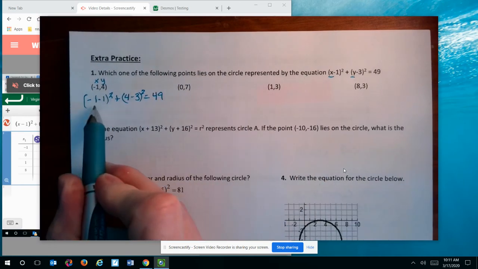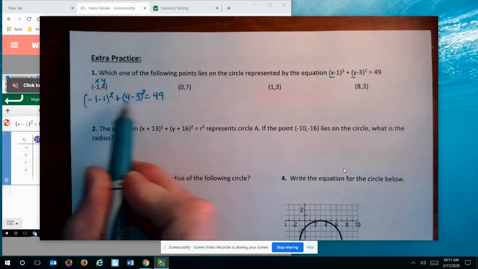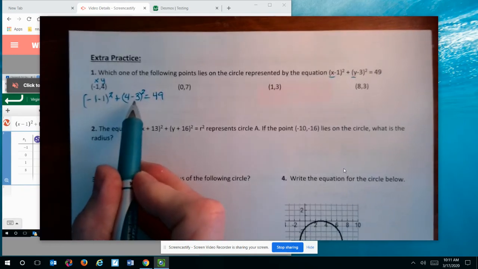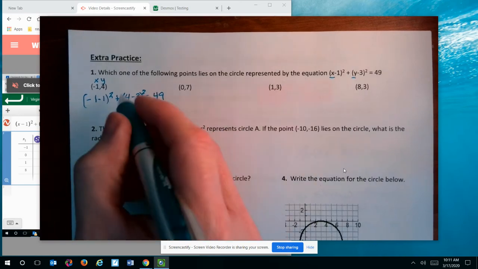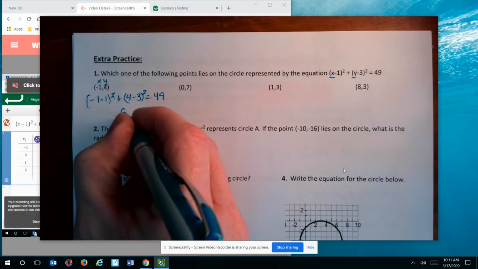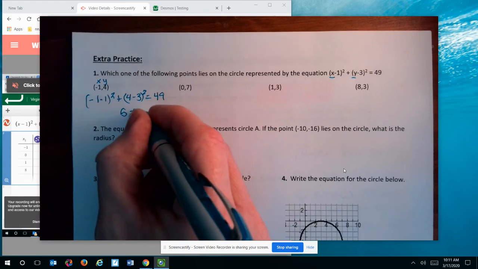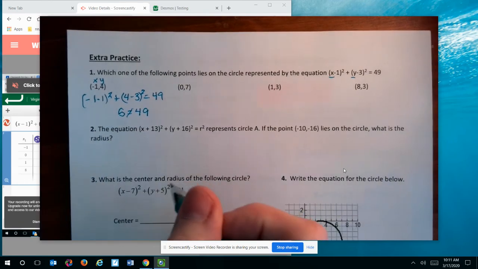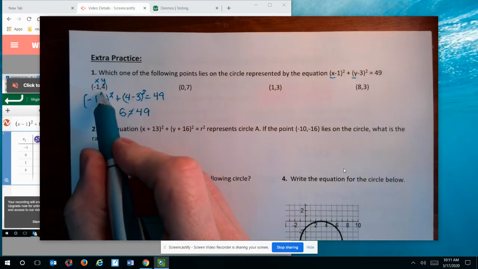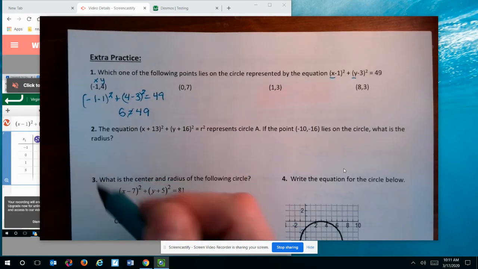At this point, you're just going to do math. I suggest you do all of the math on this side at one time. And the resulting answer is 5. 5 is not equal to 49. Therefore, this point, (-1, 4), is not on the circle.